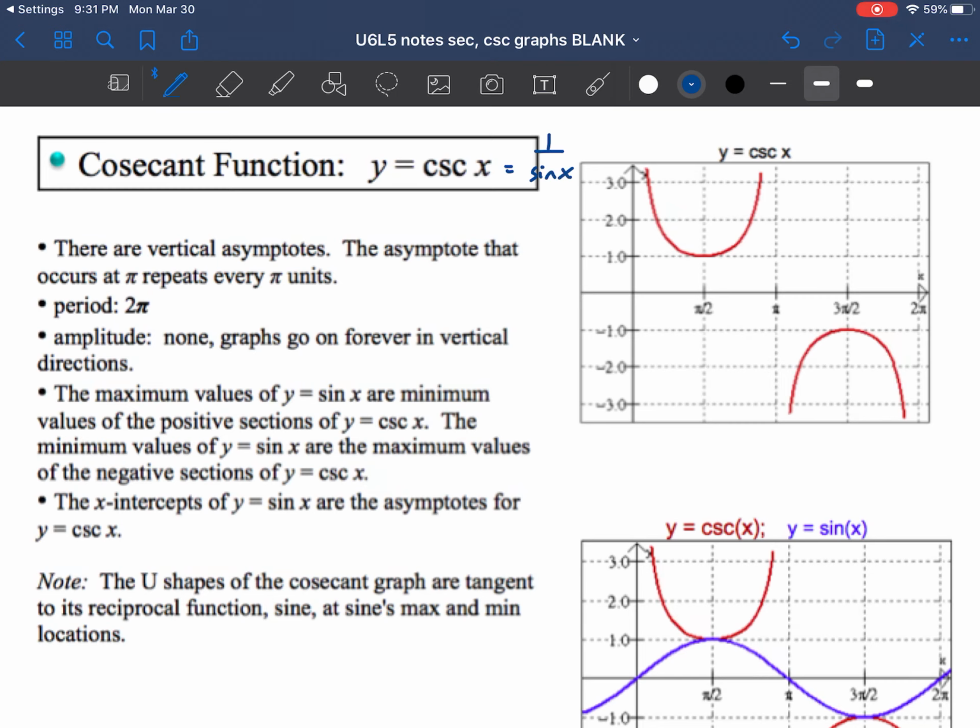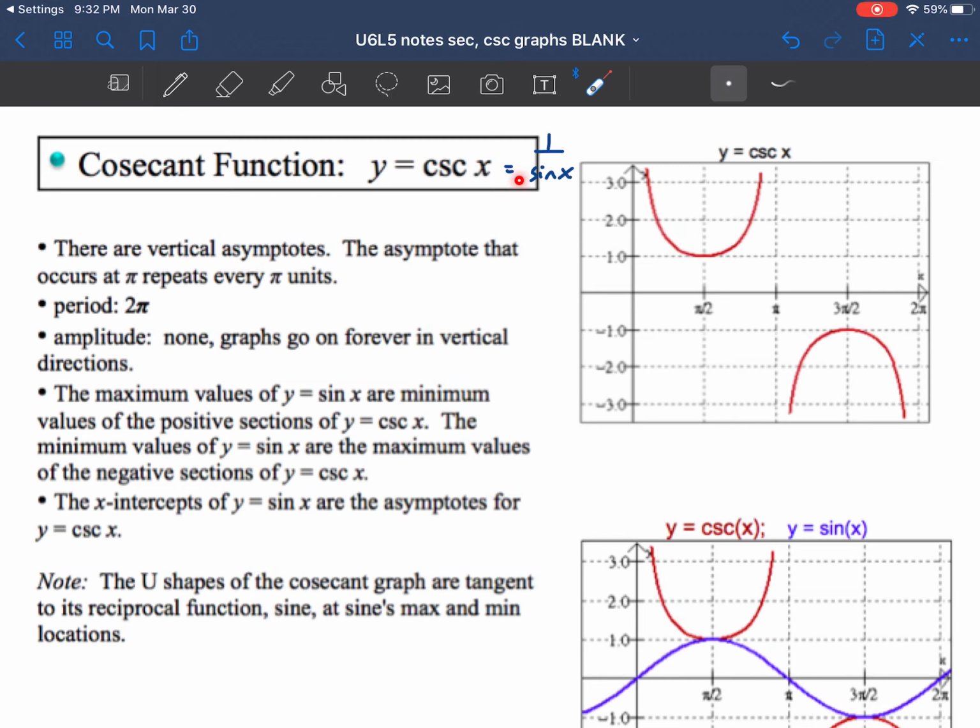Because of that, we actually have a form of a rational function. Now, it's not the way we defined rational functions before, but we have a trig function in the denominator. We know if this is going to be 0, we have vertical asymptotes or maybe holes or some kind of discontinuity.